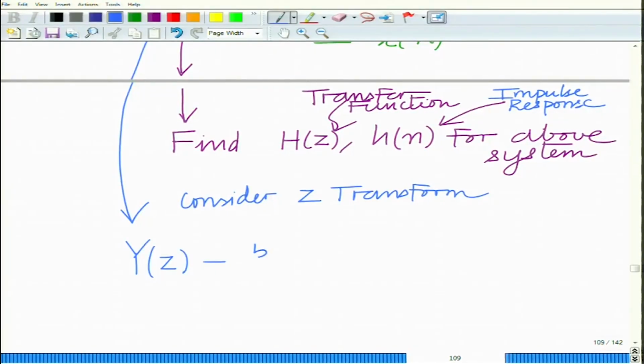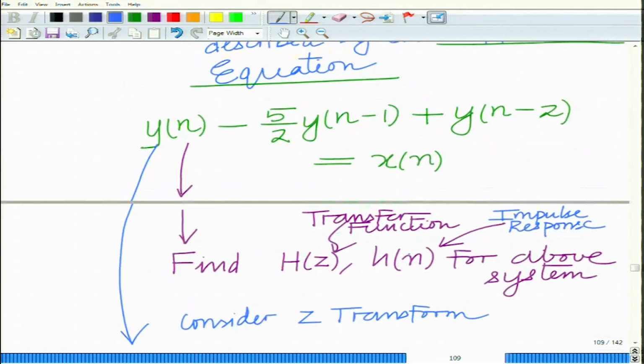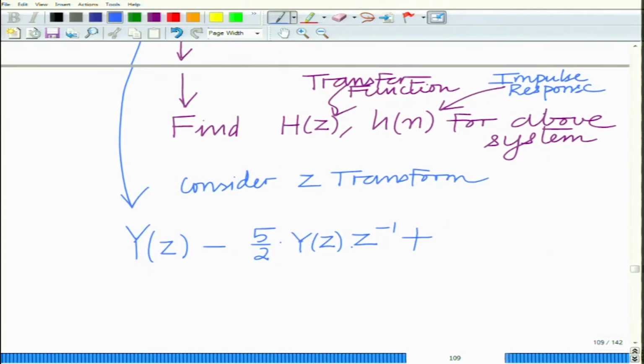So, minus 5 by 2 Y(z) times z raised to minus 1, plus the Z transform of y[n minus 2], which is naturally Y(z) times z raised to minus 2, and this is equal to the Z transform of the right hand side, x[n], so X(z).